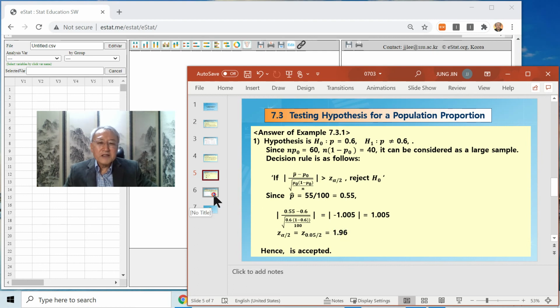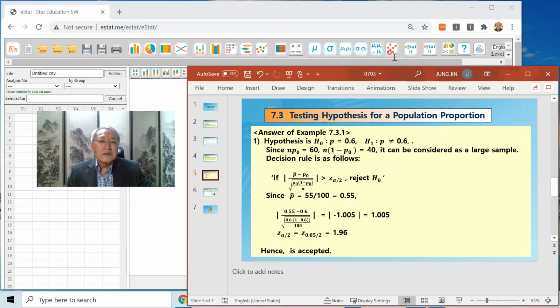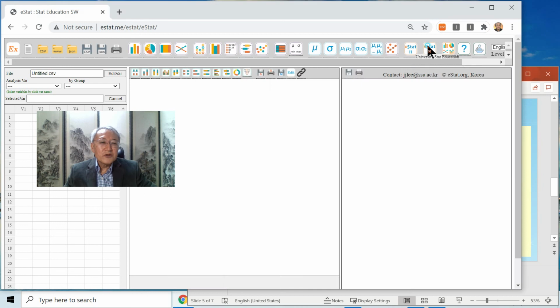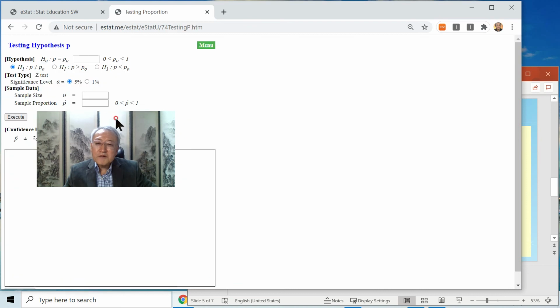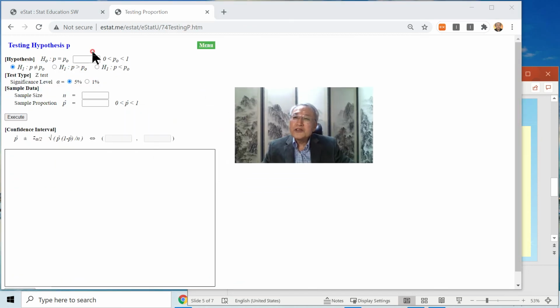Let's practice this example using EastNU. Are you ready to use this one? Well, in the East menu, click EastNU, and then testing hypothesis for proportion. It shows this one. We want to test whether this is 0.6 or not, like this. Use 5%.